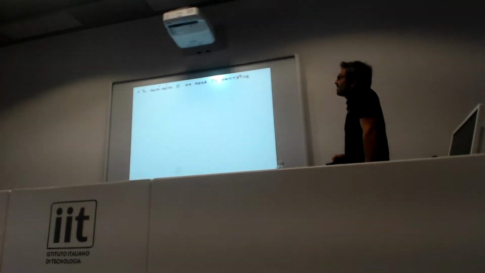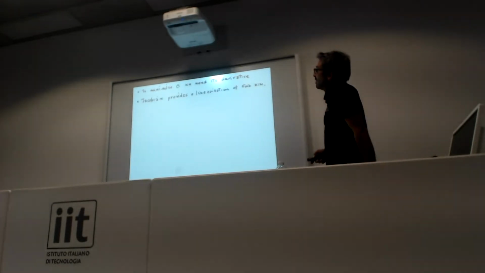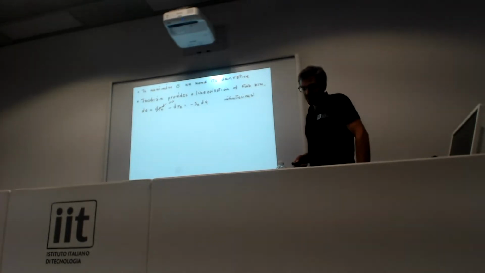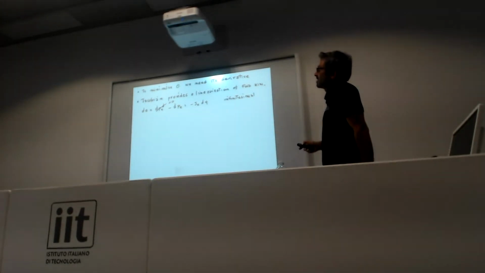To minimize the error, we know that we need the derivative. So with the Jacobian, we can have a linearization of the forward kinematics, and we can get the derivative of the error, because the derivative of the error is the derivative of the desired trajectory.